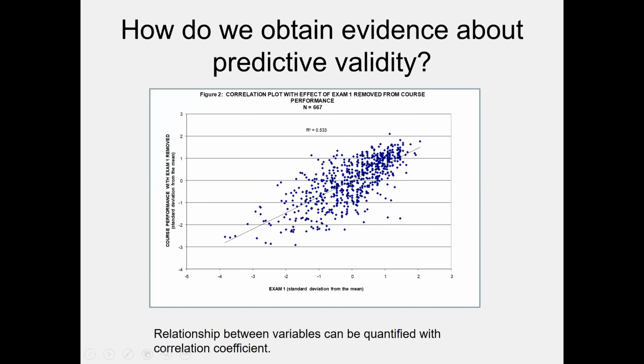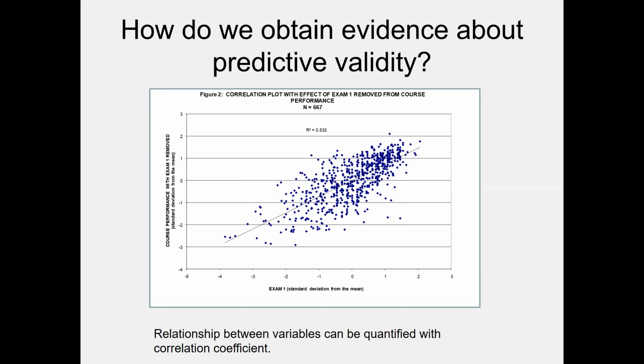So the first question is, if we're looking at predictive validity, how do we do that? And as I said, this is correlational. This was a study that I was involved in where we were looking at the predictive ability of an early exam to relate to overall end of semester performance.